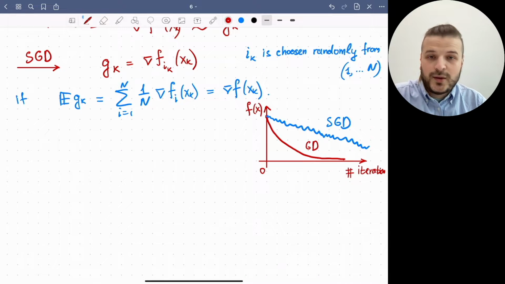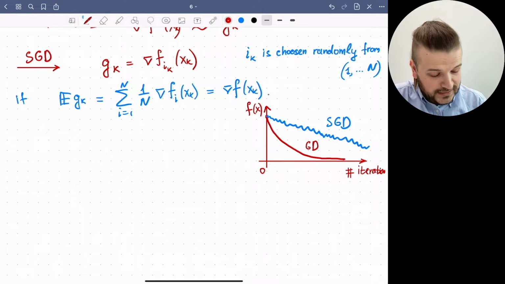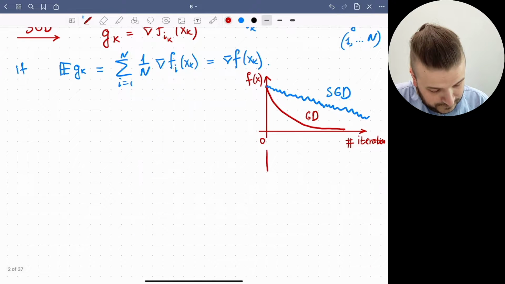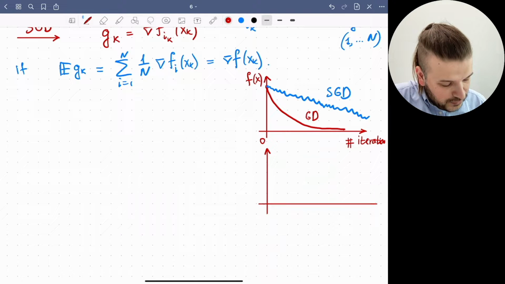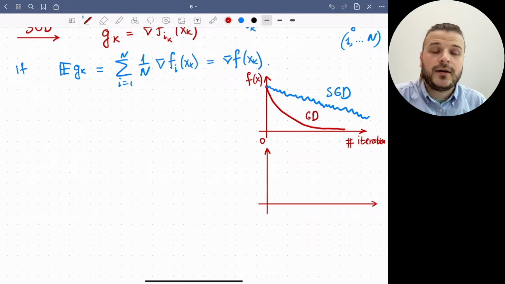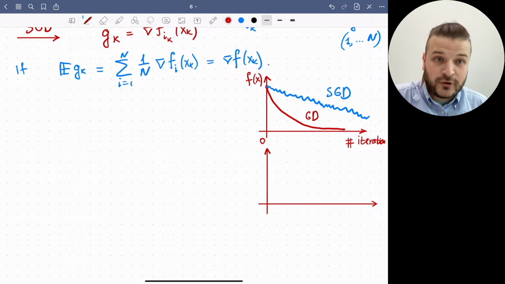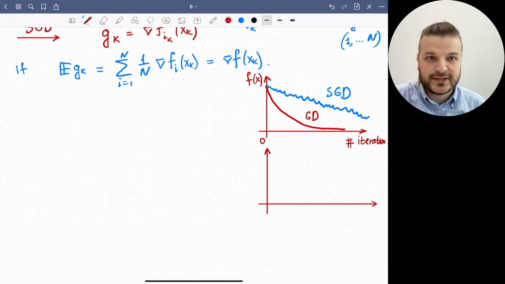But what's the reason to use this algorithm is that if you consider the same evolution, but not on the number of iterations, but for example, on the oracle calls or just computational time, let's say.